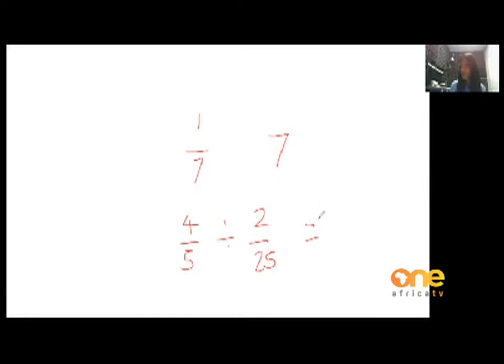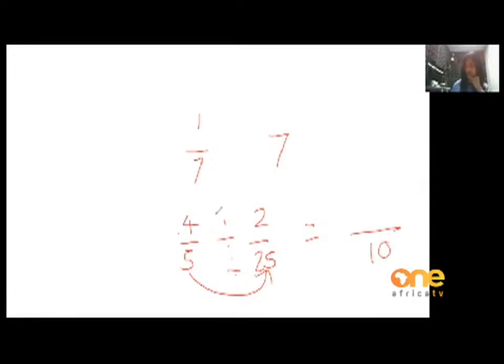Anybody have an answer for what I should be doing? Okay, so I will firstly say 5 divided by 25. What is 5 divided by 25? And my denominator should be 5 because 5 times 5 is 25.